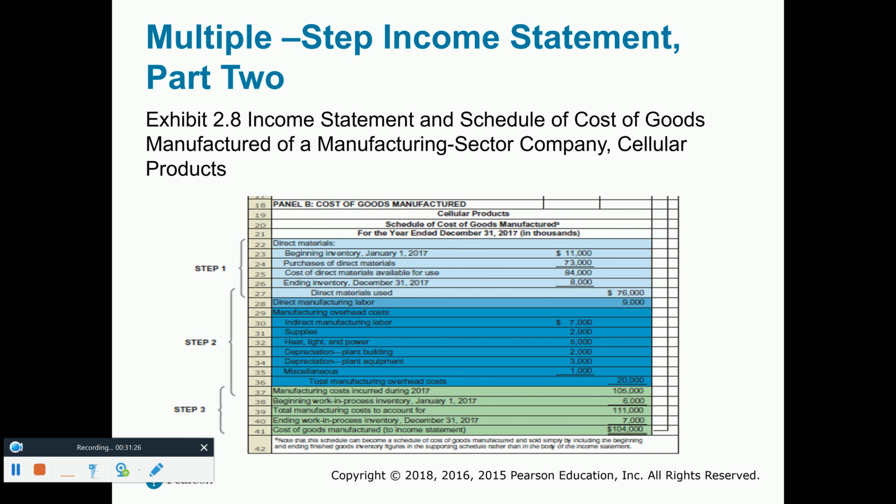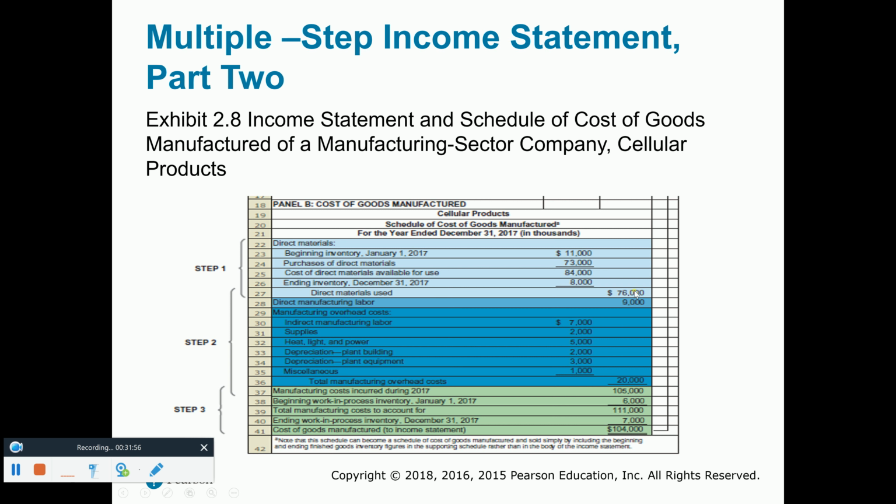Now, here is another schedule that I want you to know. And once again, you can link this schedule to what I just showed you 2 slides ago on flowing the costs through the 3 inventory accounts. We have our direct materials. Beginning plus purchases equals available for use, minus ending equals direct materials used, plus labor, plus overhead.